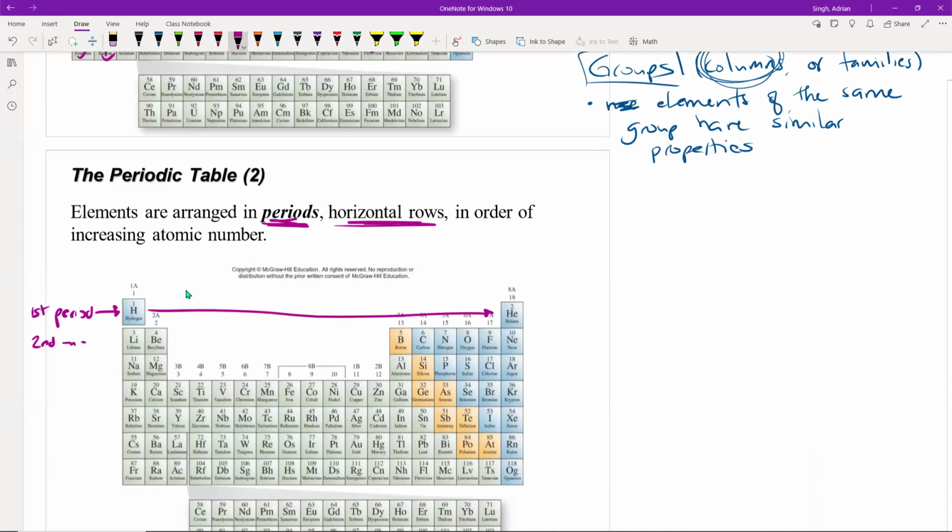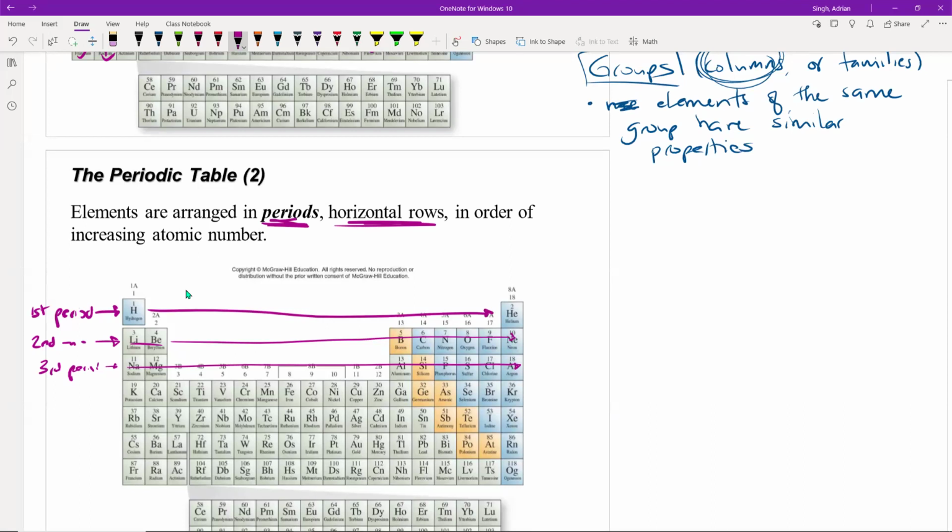Period 2 would be lithium, beryllium, all the way across to neon. Period 3, the third period, would be sodium, magnesium, all the way across to argon, and so on and so forth. So periods are horizontal rows. Groups are the vertical columns on the periodic table.